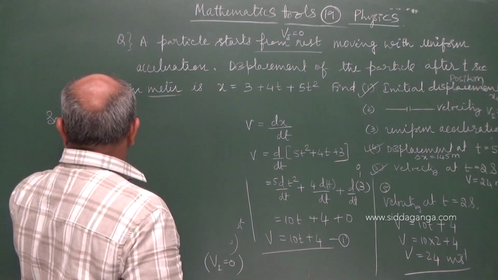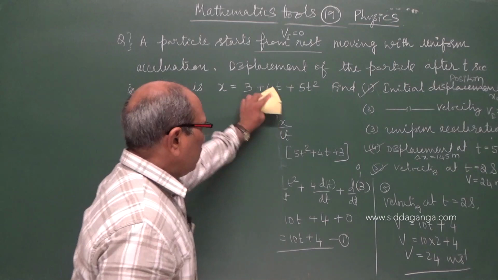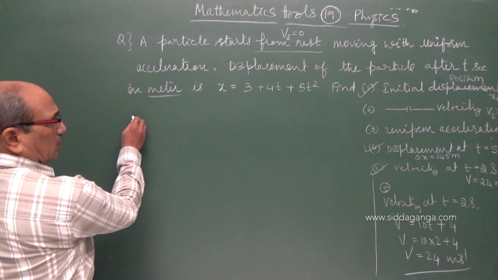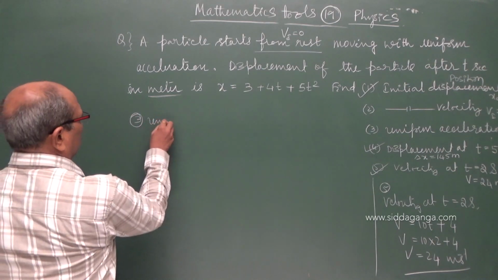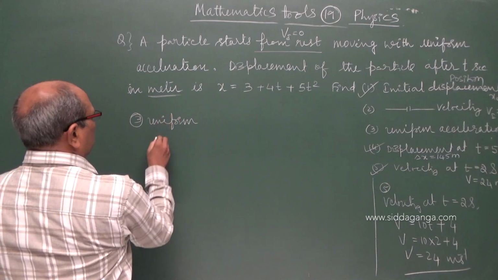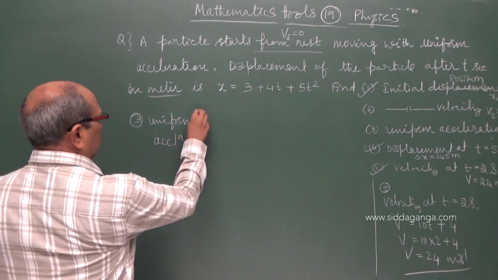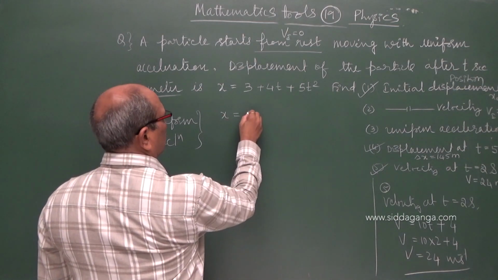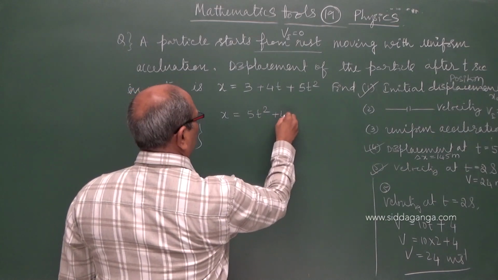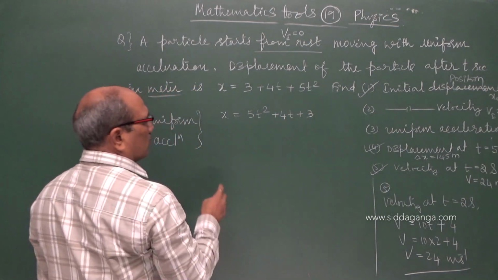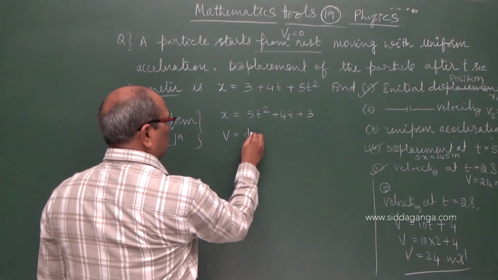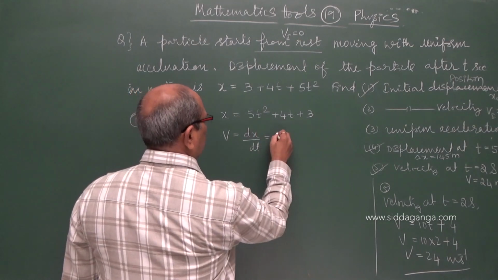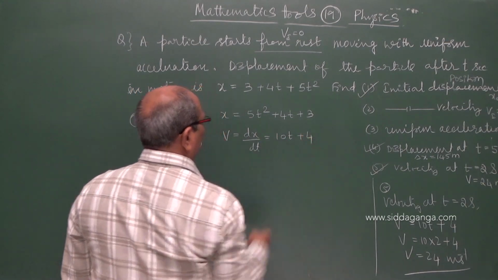Now coming to the next part, acceleration, that is the third one, uniform acceleration. You are given x is equal to 5t square plus 4t plus 3, and you got v is equal to dx by dt, the velocity, as 10t plus 4.